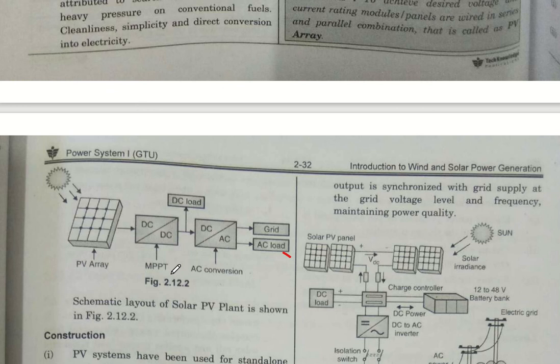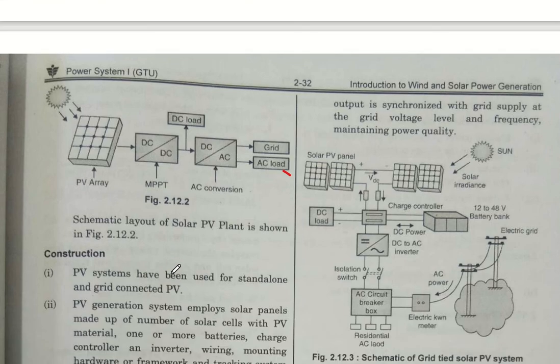Okay, and what is the voltage of the battery set? It is generally 6 to 12 volts. Okay, and which batteries are used? Lead acid batteries are used. Got it?